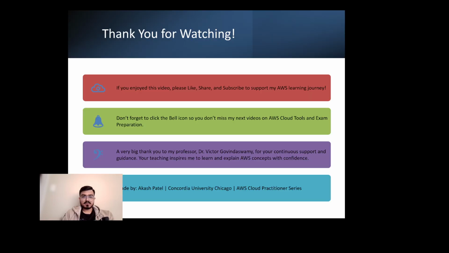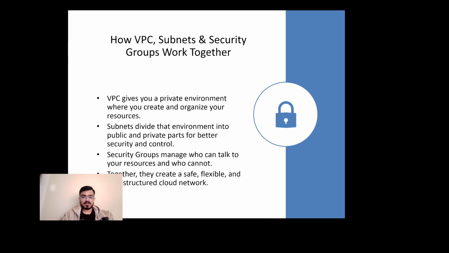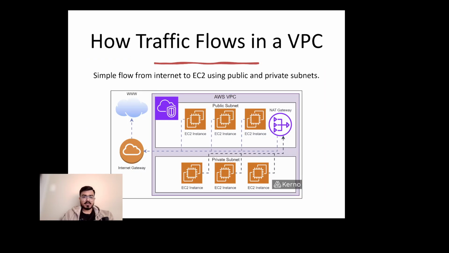Okay, so here's how everything works together in a simple story. A user visits your website, and their request enters through the internet gateway, goes to your public subnet where your web servers, EC2, live.